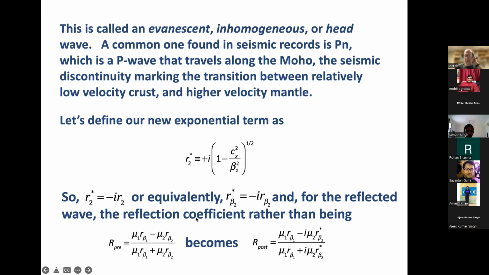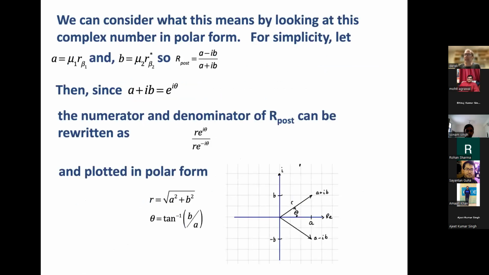And then the reflection coefficient, rather than being what I gave for the pre-critical refraction, becomes this here, the post-critical refraction, and it's got an i term and the r star term in it. So let's consider what this means. Let's look at this complex number in its polar form. For simplicity, let's just define A equals mu sub 1 r sub beta 1 and B equals mu sub 2 r sub beta 2 star.